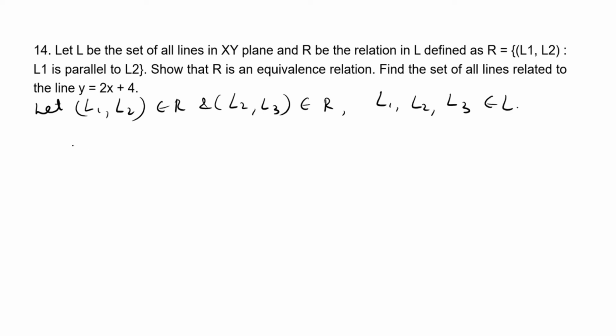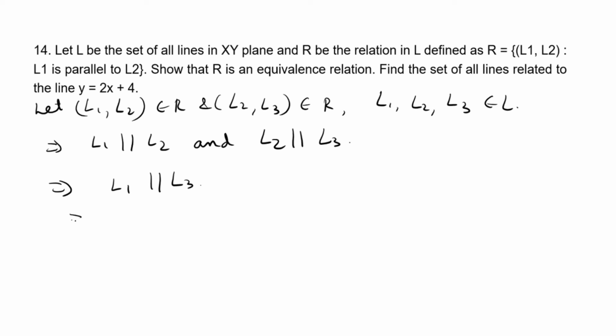If the ordered pair (L1, L2) belongs to R, it means L1 is parallel to L2, and (L2, L3) belongs to R means L2 is parallel to L3. So if L1 is parallel to L2 and L2 is parallel to L3, then L1 will be parallel to L3, which means (L1, L3) belongs to R. Therefore, R is transitive.